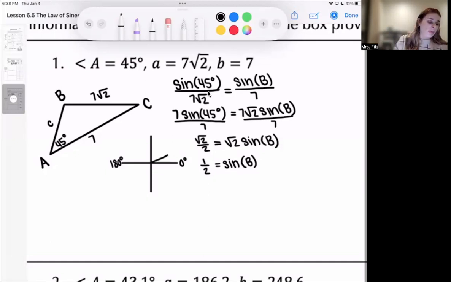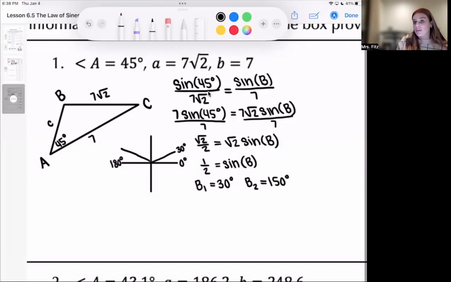The first possible place where that happens is at 30 degrees. So b sub 1 actually equals 30 degrees. This is your first triangle. But there's another answer. It's over here. And remember, they're supplementary to each other. The second possible answer for b would be 150 degrees, right? Because they're supplementary to each other.